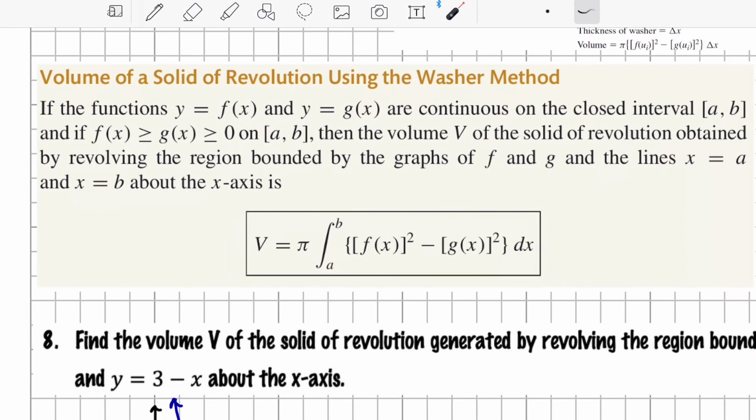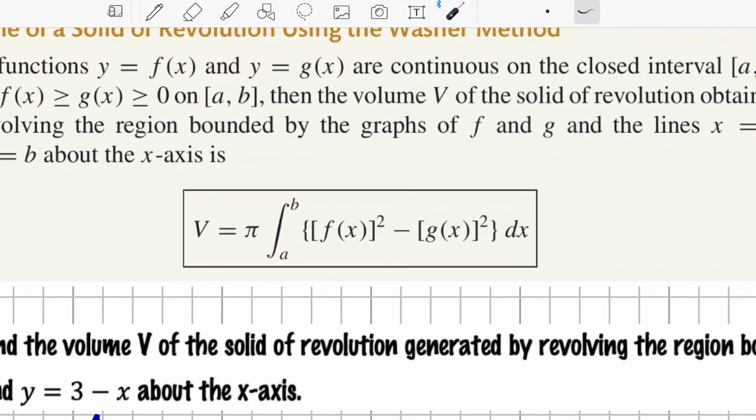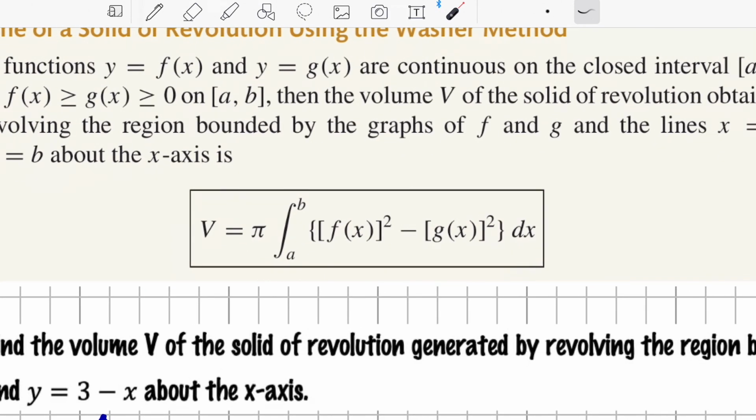So here we see the actual definition of volume of a solid of revolution using the washer method. But what I want you to look at is this. The integral is going to be pi, and the limits of integration are going to go from a to b, which is the vertical lines, and then it says f of x squared.